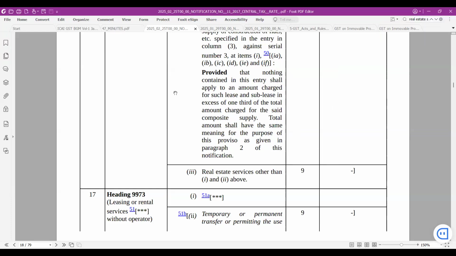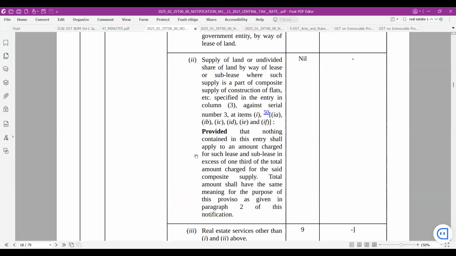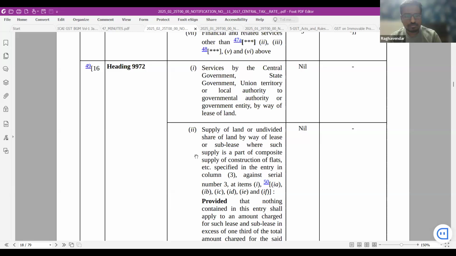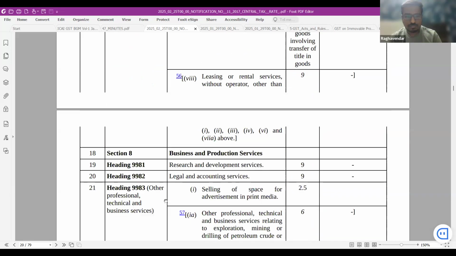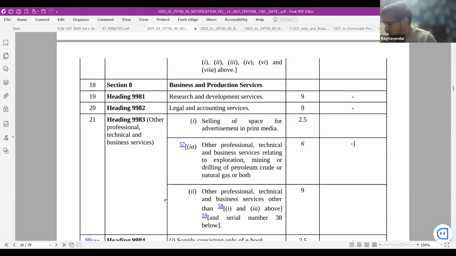To look for renting of plant and machinery, any other machinery, I don't know the entry number. I don't think it will come under real estate services. I'm sure there will be some entry, but not residuary.